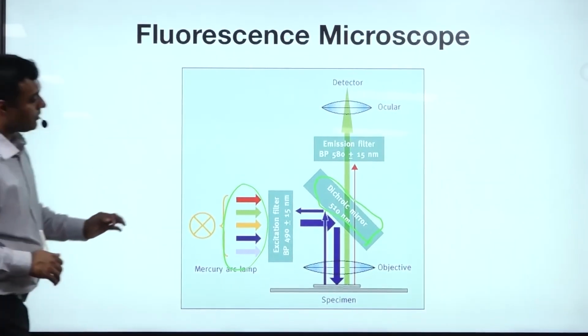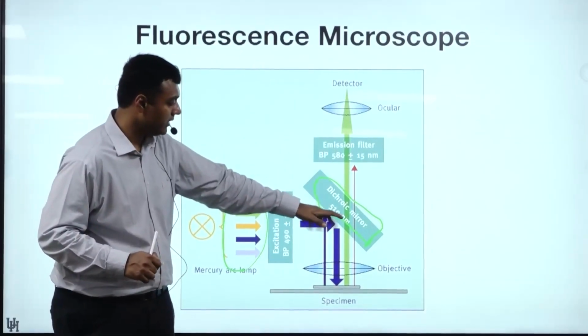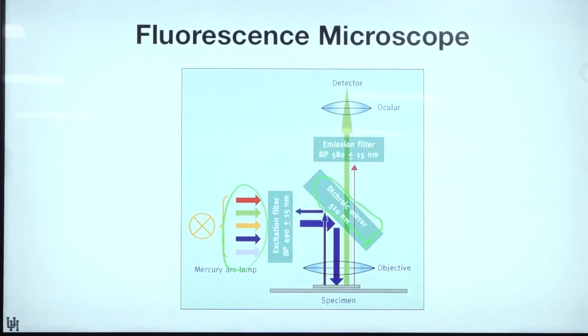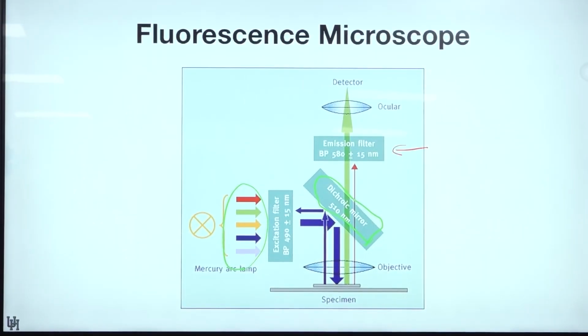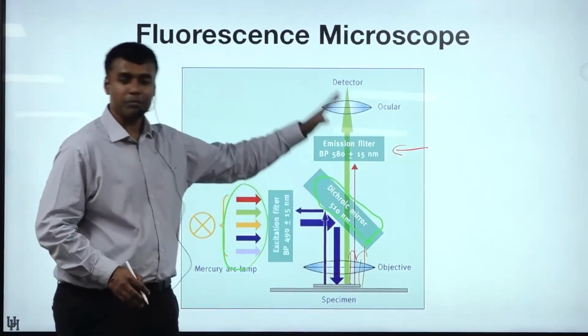Light with wavelength longer than 510 will go through this mirror, and you can in fact put a filter here. Light at, say, 520, 530, 550, 600, 700, all of them could be emitted from this particular sample.